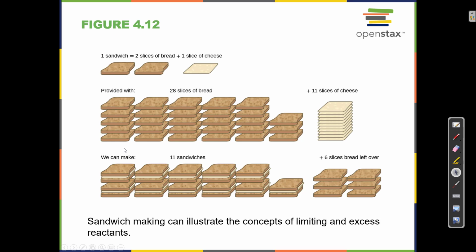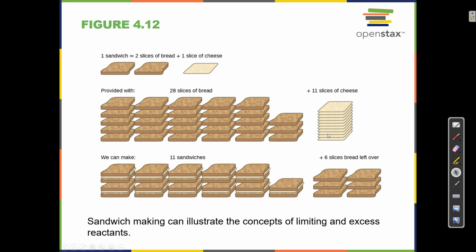Well, if this is our chemical equation, one sandwich is 2 pieces of bread and 1 piece of cheese, and I have 28 pieces of bread and 11 pieces of cheese, then that means I can make 11 sandwiches, right? Because each sandwich takes a piece of cheese, and I have 11 pieces of cheese.